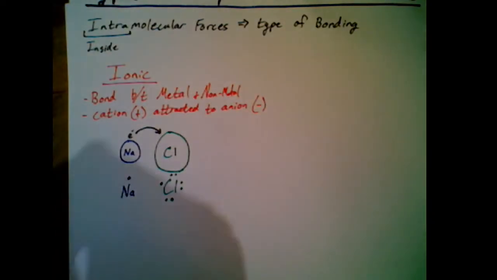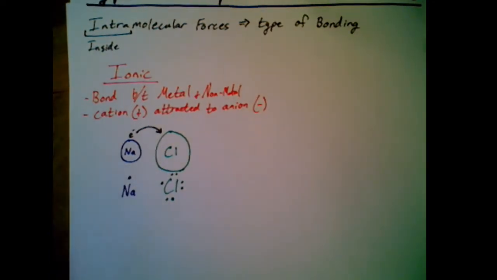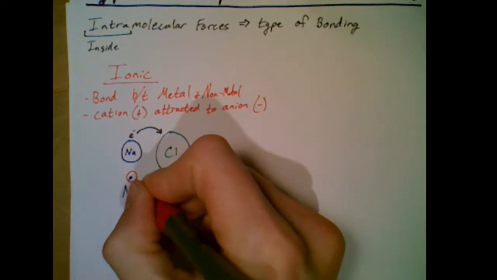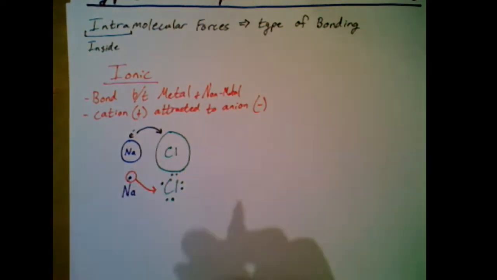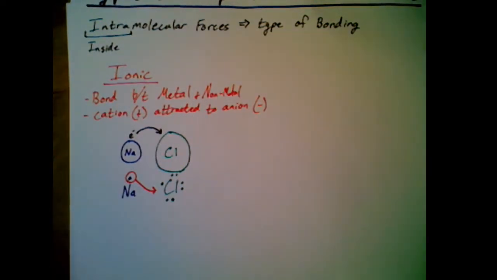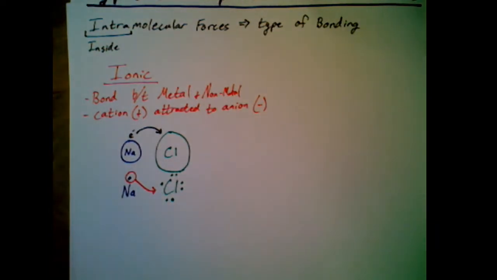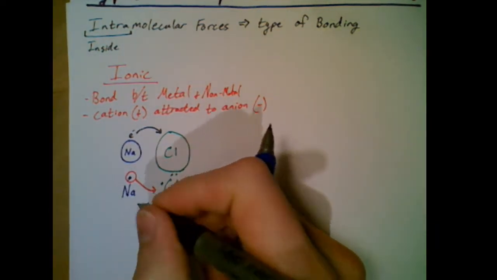So chlorine is actually going to take this electron away, like actually rip it off of the sodium. And the sodium is okay with that, because when the sodium gives away this electron, it actually becomes a little bit more stable.